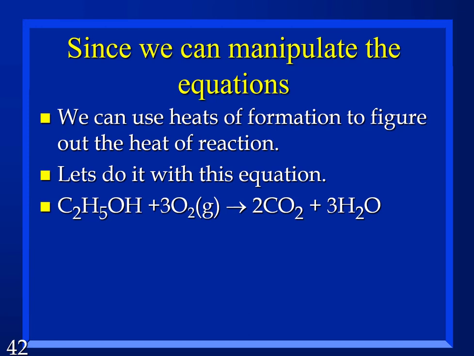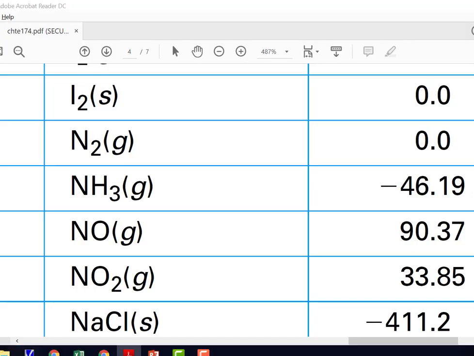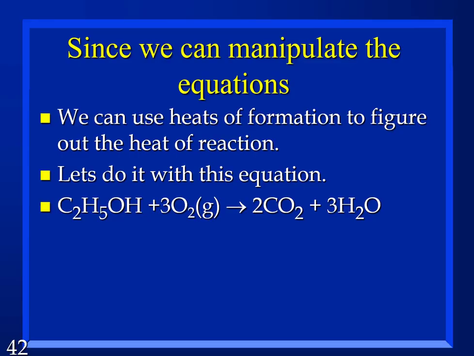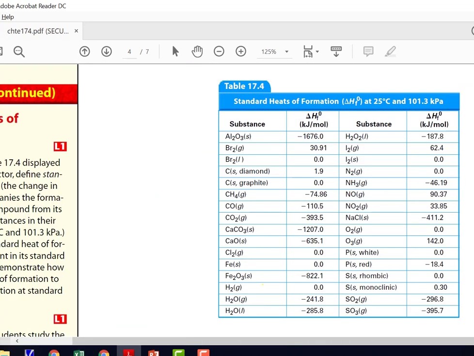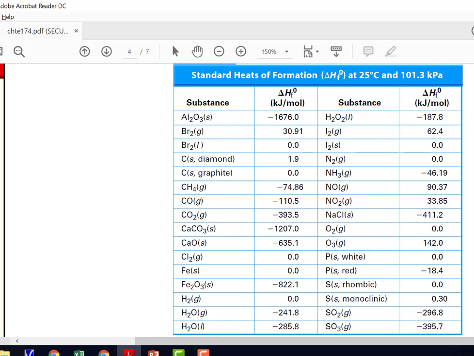And actually, if you look at the table, you look up O2, surprise, surprise, it says 0. That makes sense that it's 0, right? Okay.